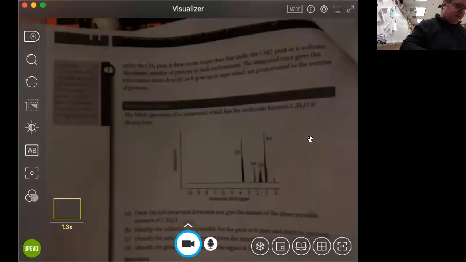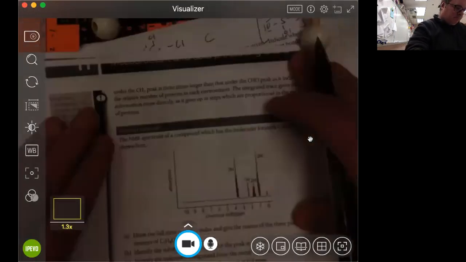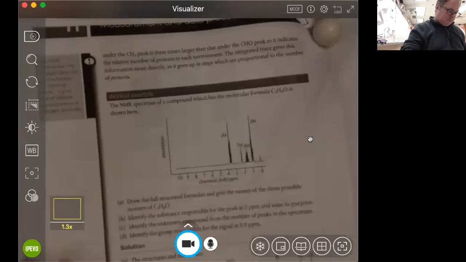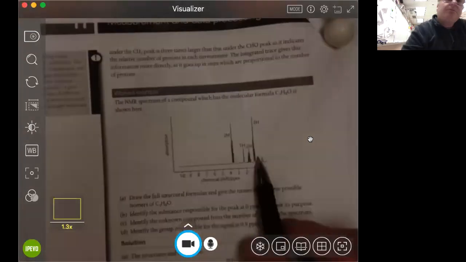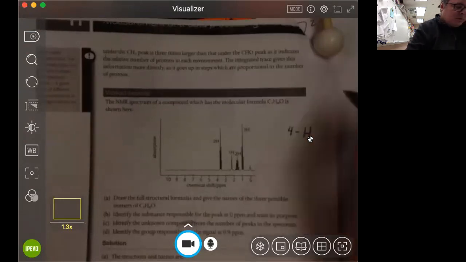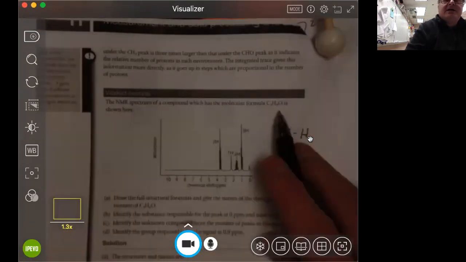Let's take a look and see what we got here. So we have 1, 2, 3, 4, right? So that means we have 4 different types of hydrogens. They've given us C3H8O.